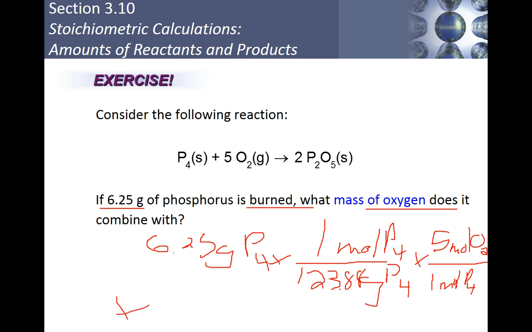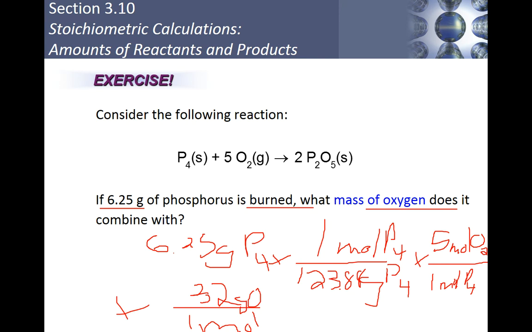Now that you have moles of oxygen, you have to determine the grams of oxygen. So 1 mole, because you're trying to get rid of your units, is going to be equivalent to 32 grams of oxygen. And I apologize for the writing of this.